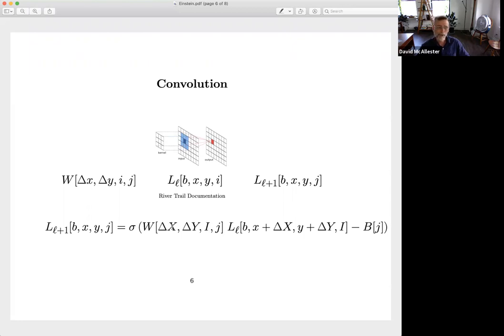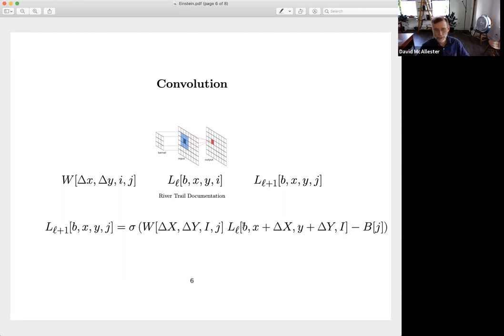So we're summing over the neighborhood and the neurons of the previous layer. For each point in that neighborhood and each previous layer neuron, this tensor is giving us a weight for the output neuron J.